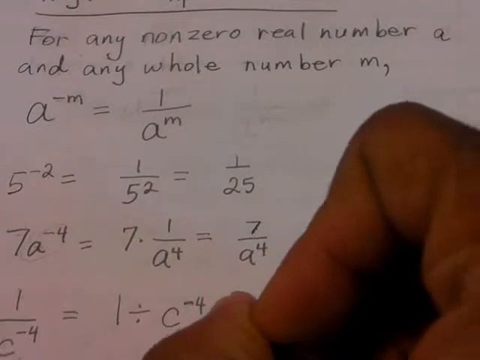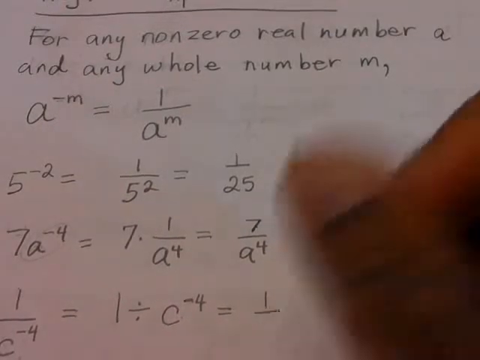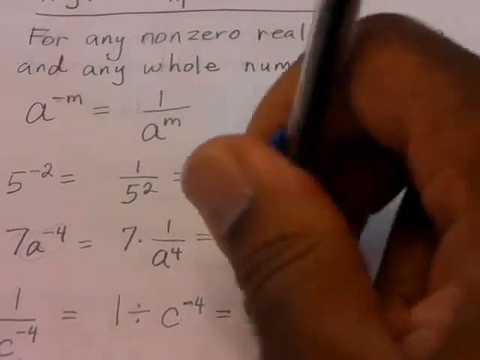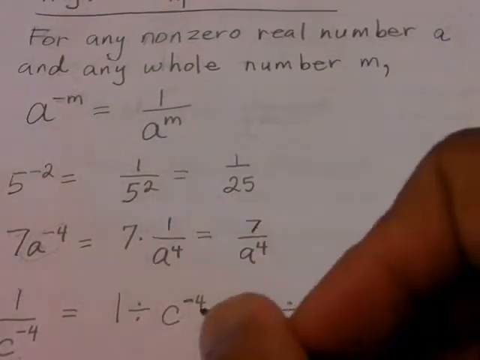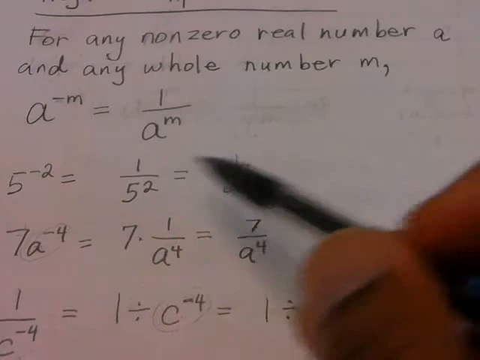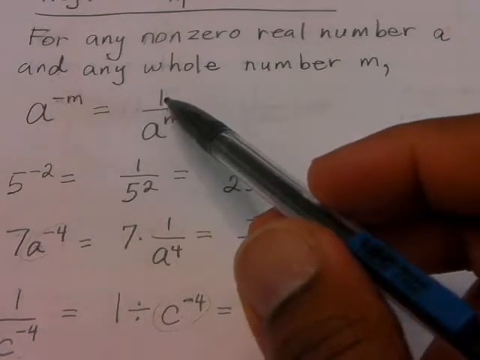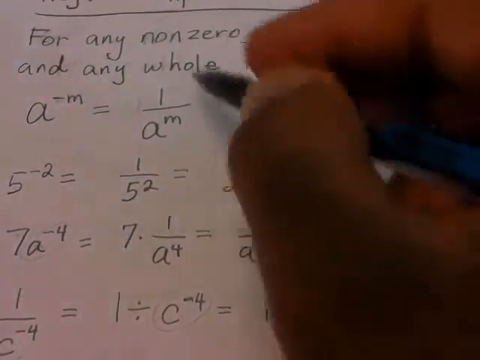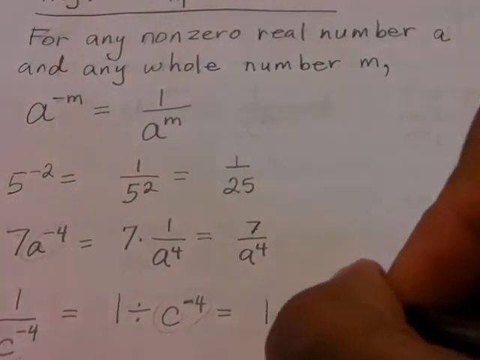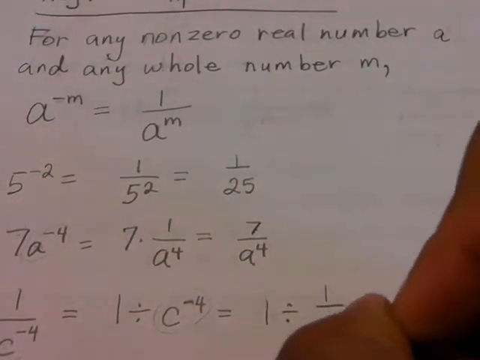This is 1 divided by, change this into its proper form using the negative exponent rule. So that would be 1 over c to the 4th.